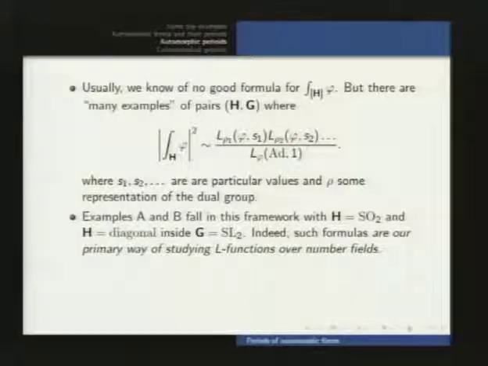And one thing I should emphasize: why do we care about formulas like this? Often you can somehow canonically take a square root. As it stands, these are a primary way of accessing L functions over number fields. Over a function field, there's no reason it should be so; the Grothendieck-Lefschetz formula allows you in a way to just understand the L function directly.